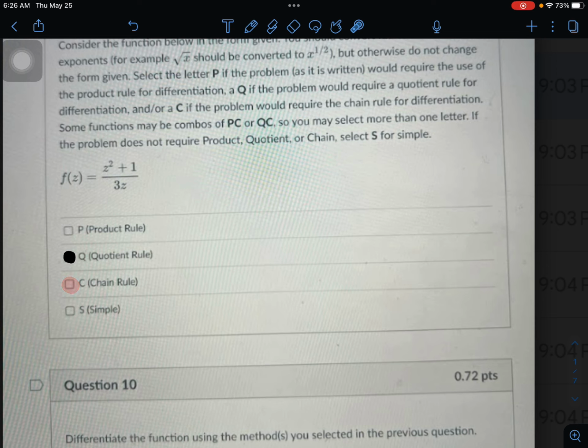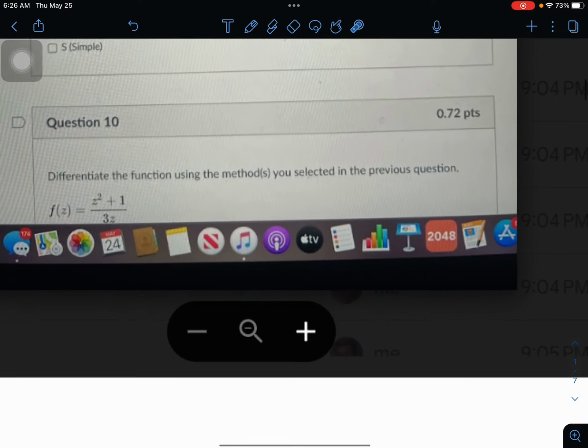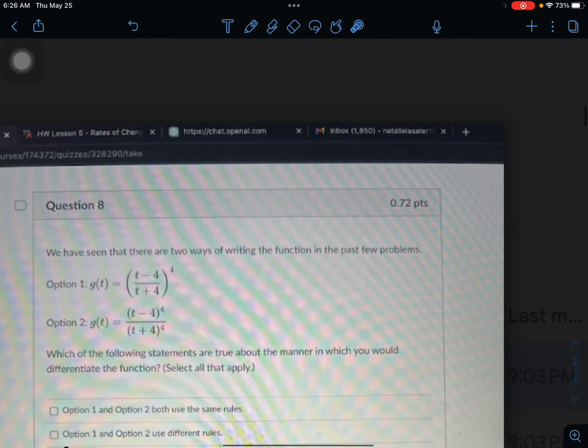Chain rule. On this one, I don't see a function being put inside of another function. You remember, that's when we used the chain rule. So if you look back at the last problem, I can clearly see this function is being put into something to the fourth. Or on this one, I can see that this function is being put into something to the fourth.